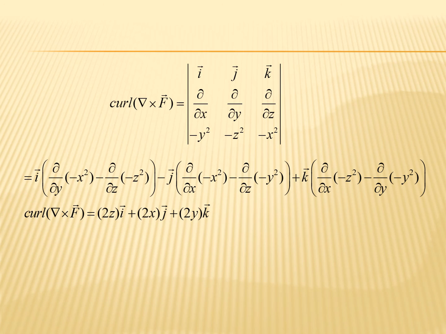So whatever value I am getting, again I am going to find the curl. So curl into your del cross F vector. Whatever the coefficients of the i vector, j vector in your del cross F vector, you write them in the third row. Again you find the determinant, and that value gives the curl of del cross F vector. Solve it in a similar way.